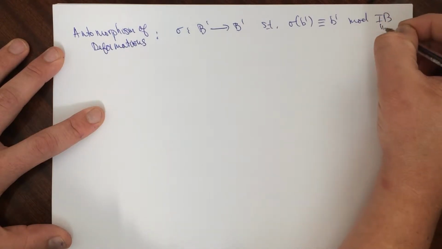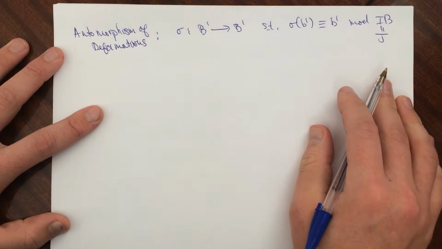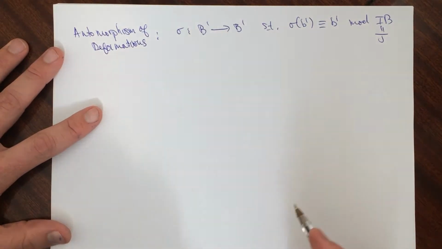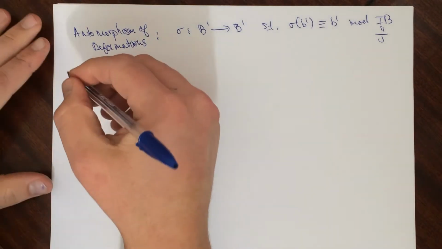And again, this is what I was going to call J sometimes. So it's just a lift of the identity map, so it does nothing after reducing mod J. Okay, now the point of this video is to prove the following lemma.